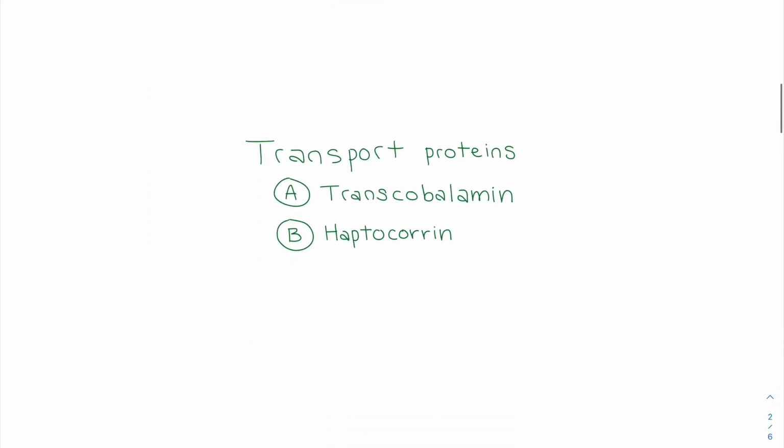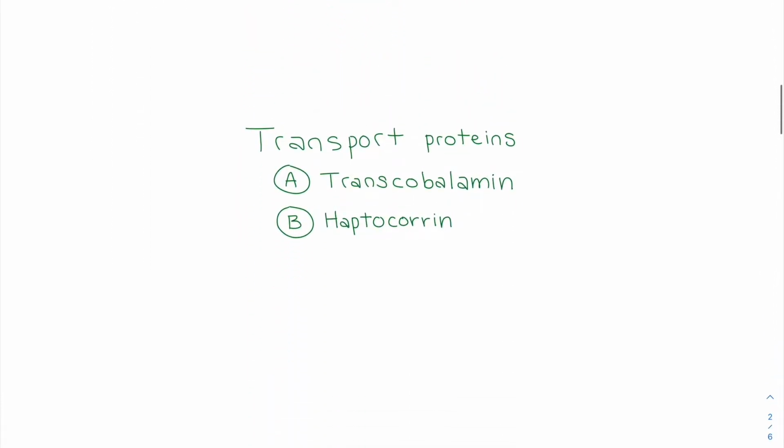As it enters the blood, B12 has two transport proteins. The first is transcobalamin. This is our main one. When you think of B12, you want to think of this transport protein, transcobalamin. This binds to B12 and transports B12 to all other tissues. This also is completed through receptor-mediated endocytosis. Then we also have the second one, haptocorrin.